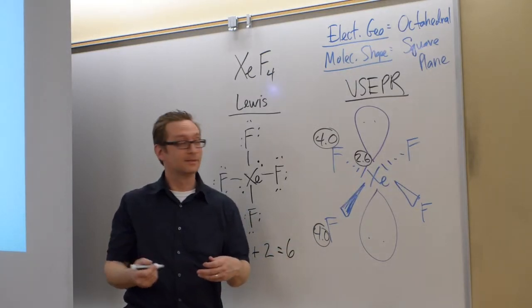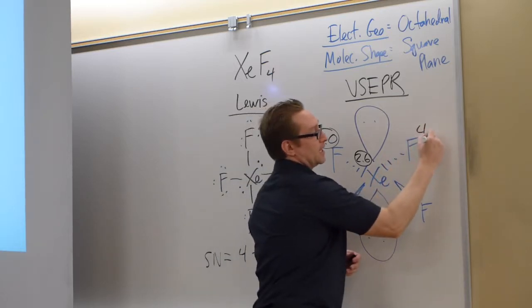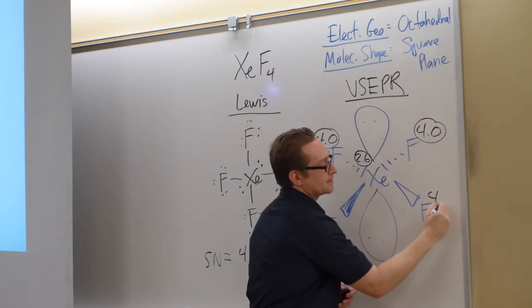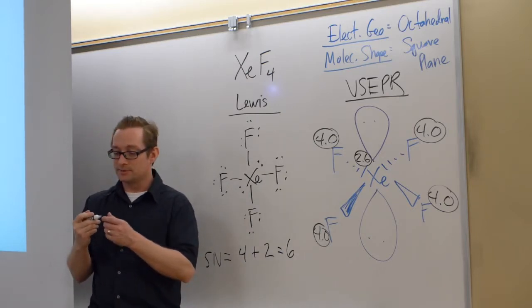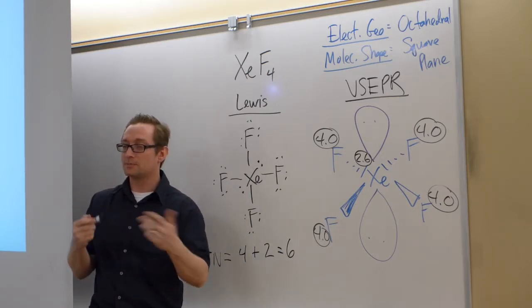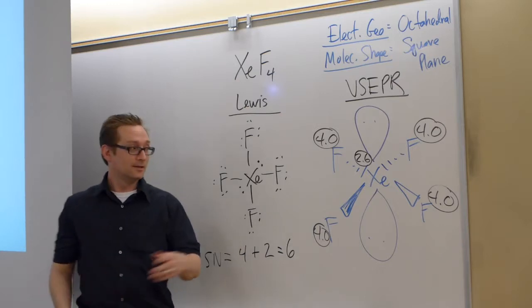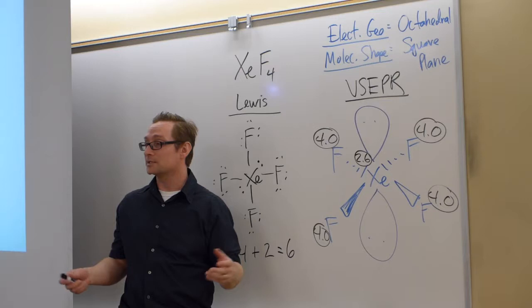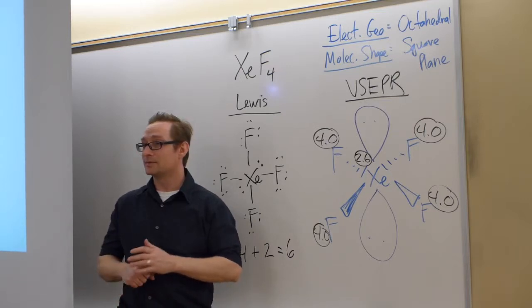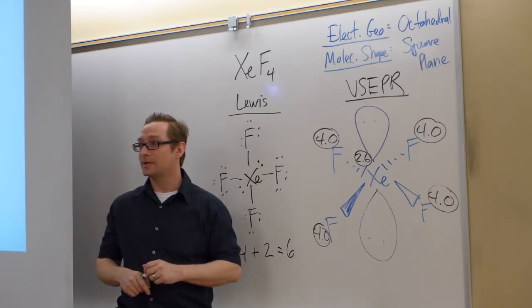That's a polar bond. But just because a molecule has polar bonds doesn't mean that it's a polar molecule. And this is what I'm trying to get at with the difference between bond polarity and molecular polarity. This molecule has polar bonds, but it's non-polar as a whole because of the symmetry of how all the bonds together are arrayed.